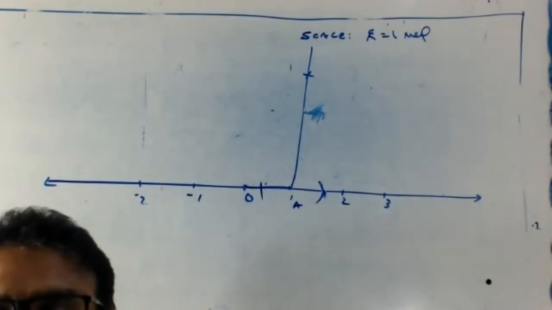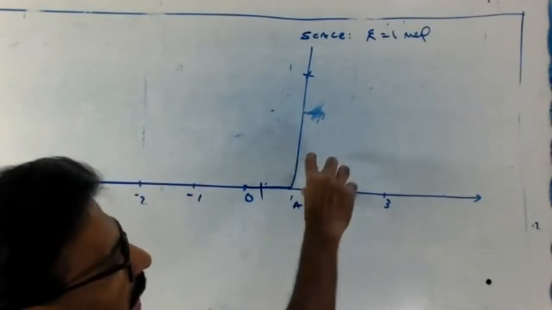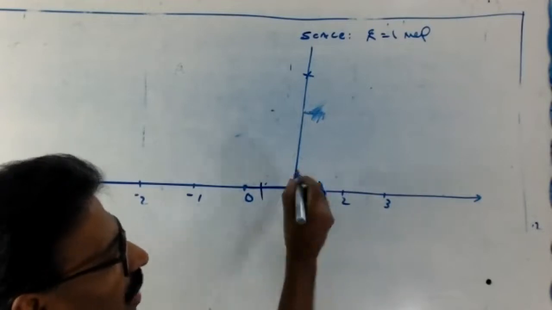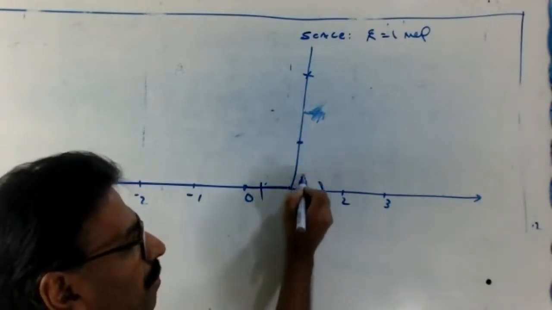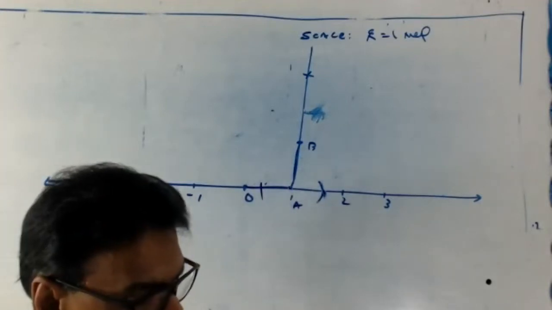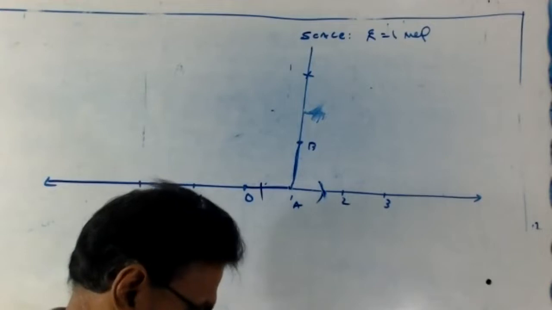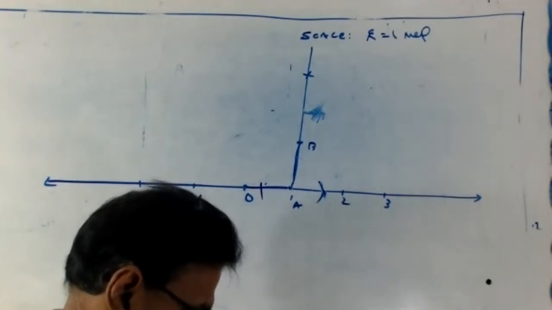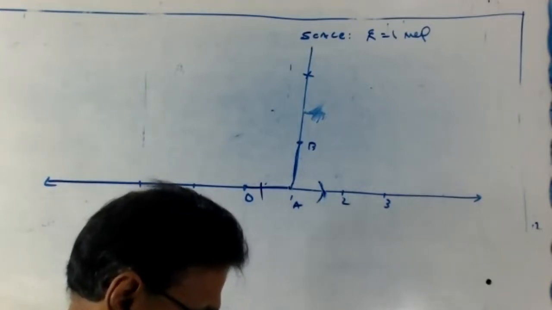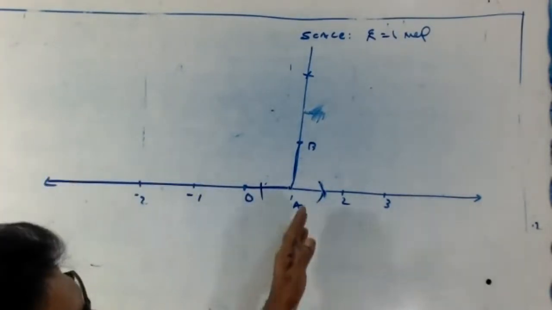Then after that, take again 1 unit here. Save 1 inch, B. Save 1 unit. Okay, step 3.